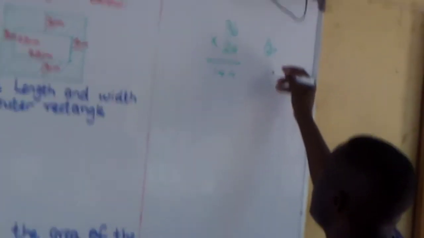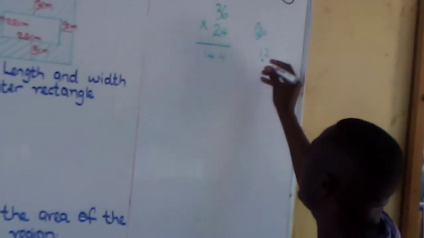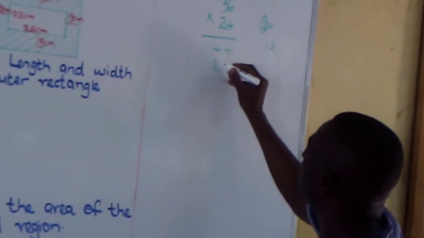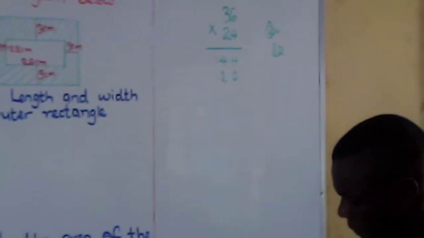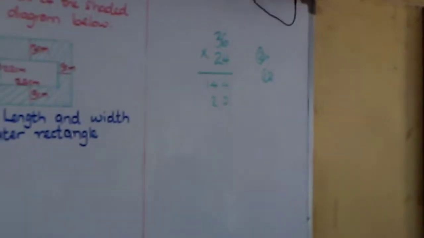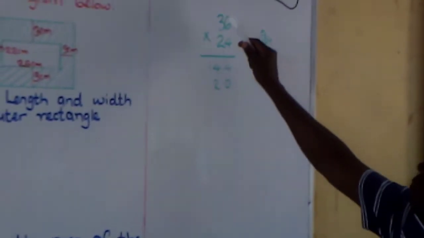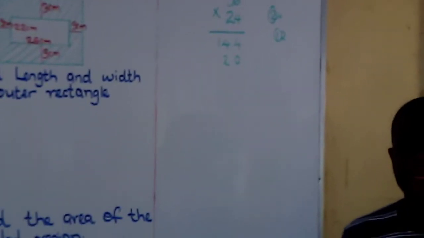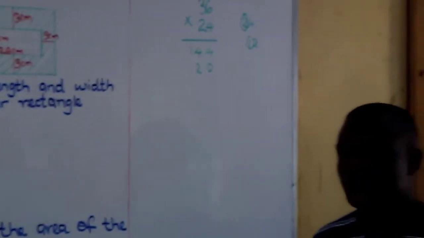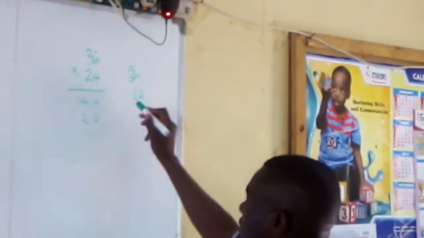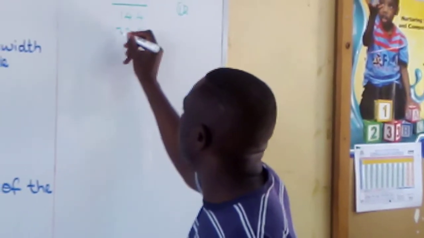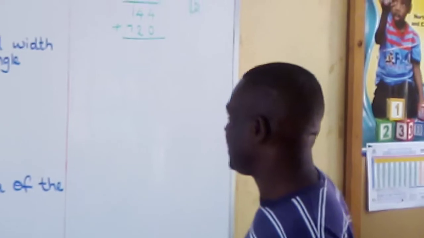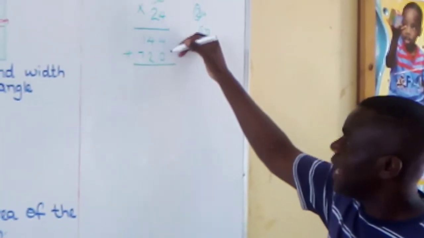So we write 2, remember here is 0, then we carry 1. Again, what is 2 multiplied by 3? 2 multiplied by 3 is 6, plus this one we get 7. So we add 4 plus 0.